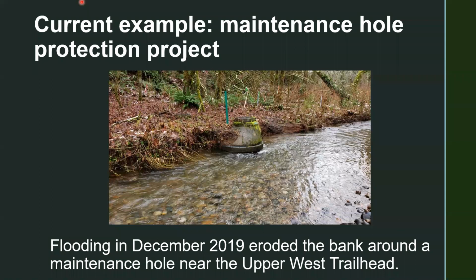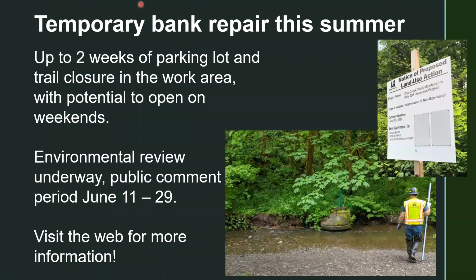As a result, before this large project that we're talking about gets started, we are actually going to need to do a small temporary fix to keep this maintenance hole structure protected from future flooding events. It's going to be a couple weeks of work.